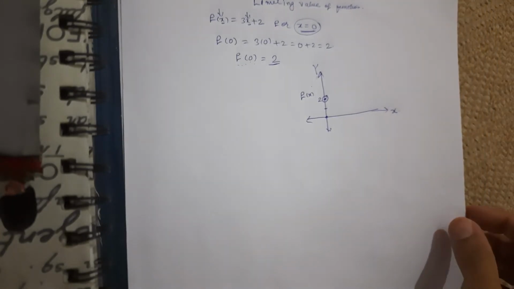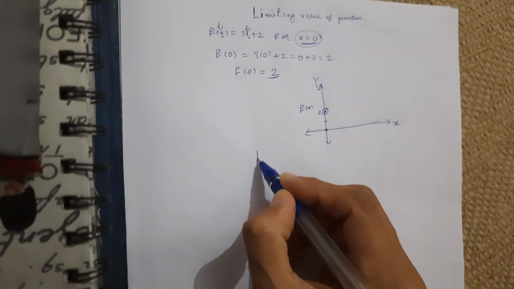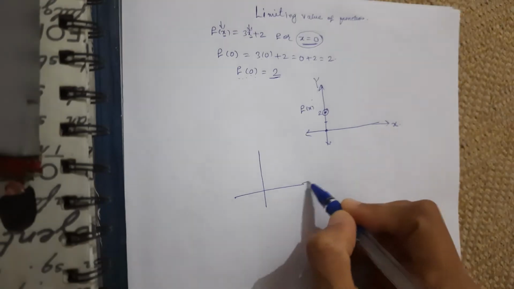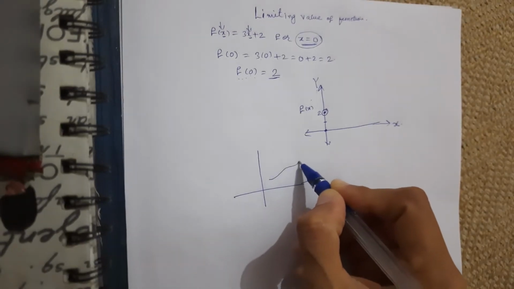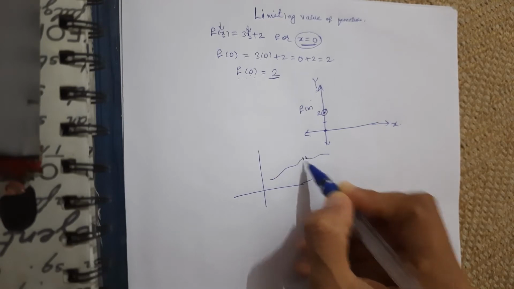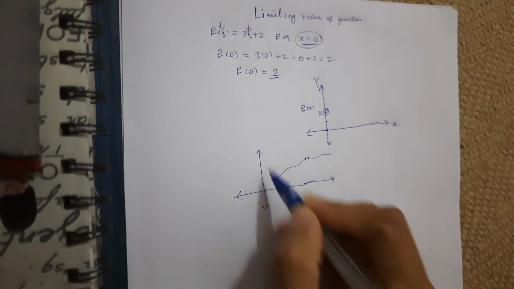Now suppose there is a curve or a function which does not exist at a given point. For example, I have this function and it breaks here. Okay. So suppose this is the x, this is the y.